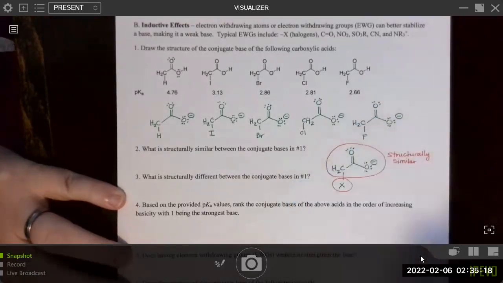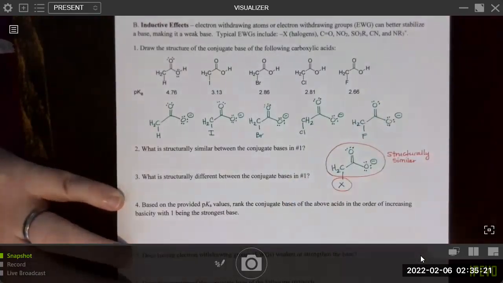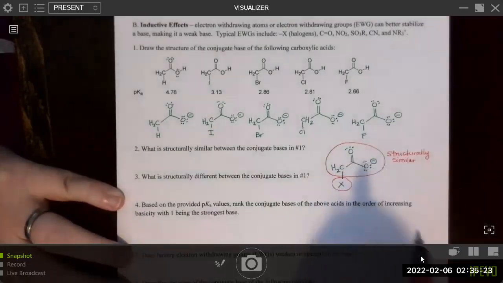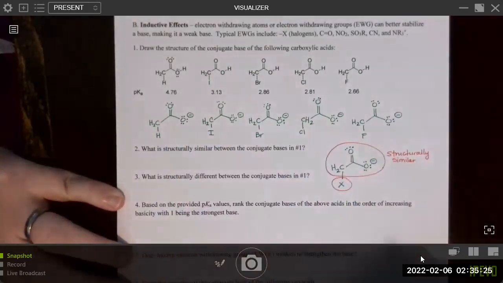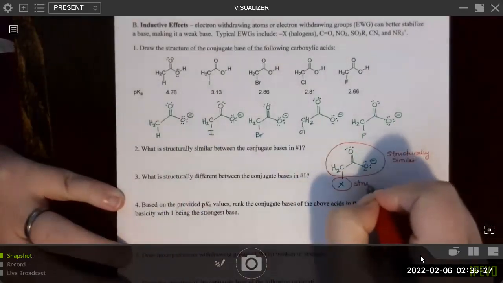And the group attached to the carbon here, whether or not it's a halogen or a hydrogen, is what's structurally different.